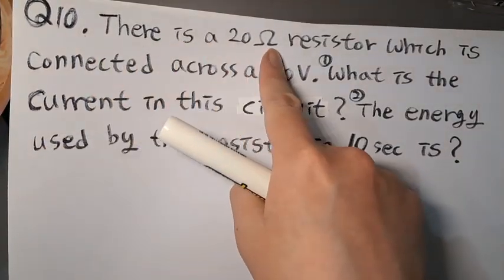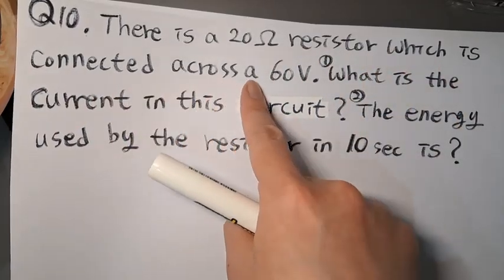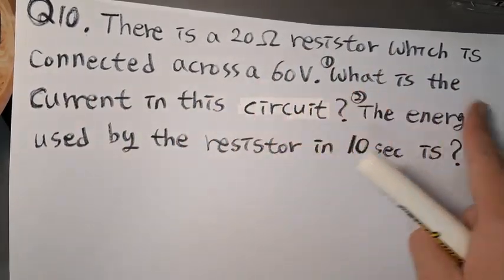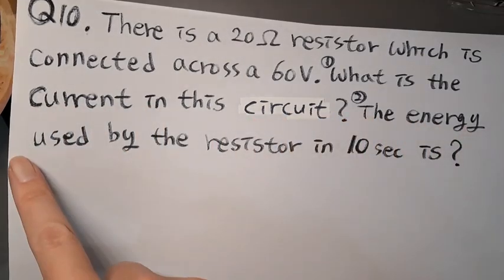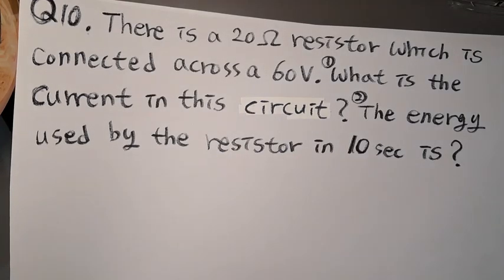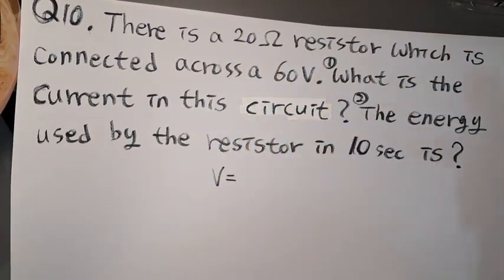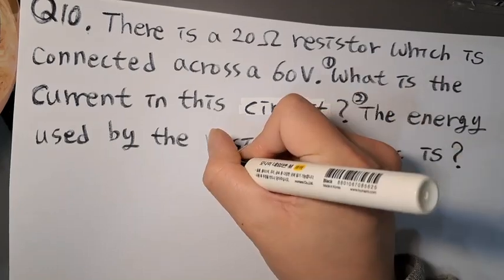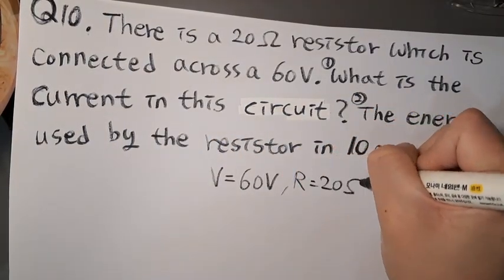There's a 20 ohm resistor which is connected across a 60 volt source. What's the current in this circuit? What is the energy used by the resistor in 10 seconds? So the voltage is going to be 60 volt, and the resistor is going to be 20 ohm.